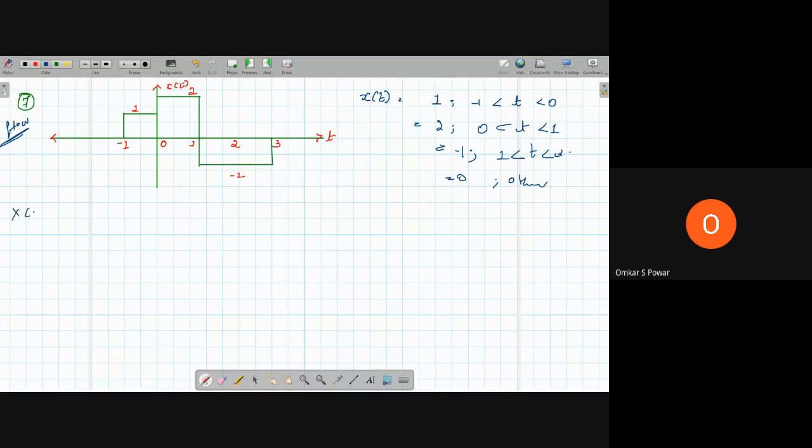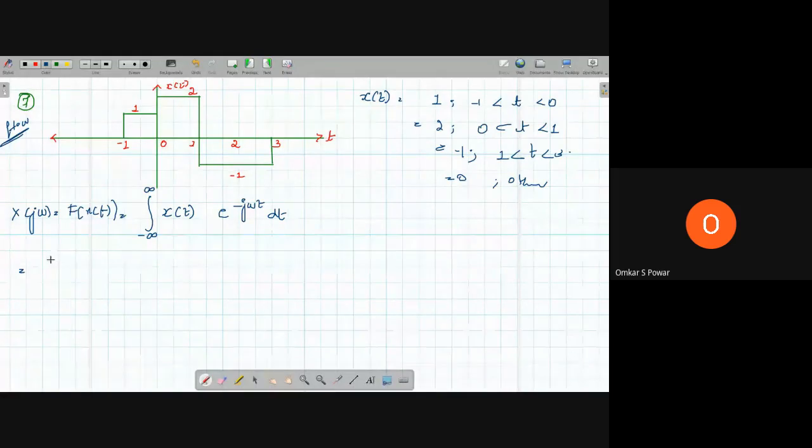So X of j omega, which is equal to the Fourier transform of x of t, is equal to integral minus infinity to infinity x of t e power minus j omega t dt. Let's substitute the x of t and the limits.